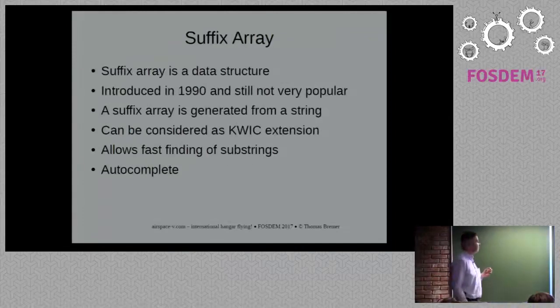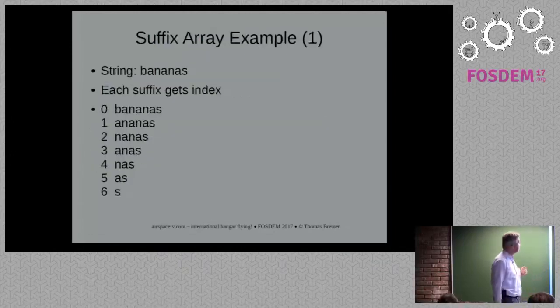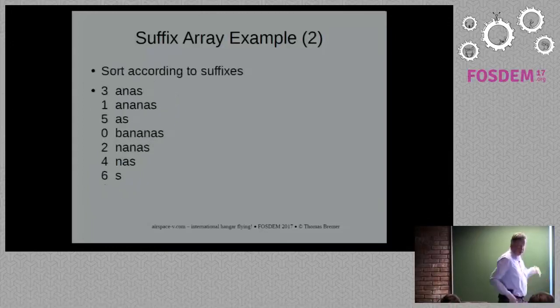The extension of this is the suffix array, which is a data structure that is rather new. Well, rather new, but already more than 25 years old, but it's still not used very much. The idea behind it is that if we have a string like bananas, then we take each suffix of it and give it an index, just according to its order in the string.